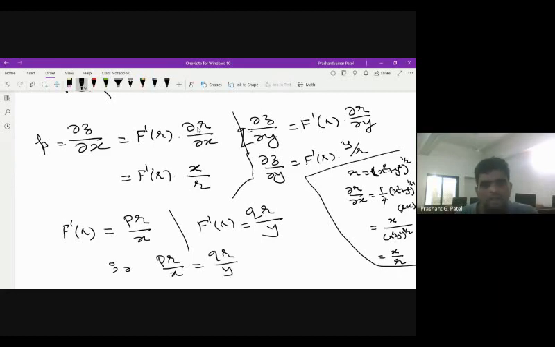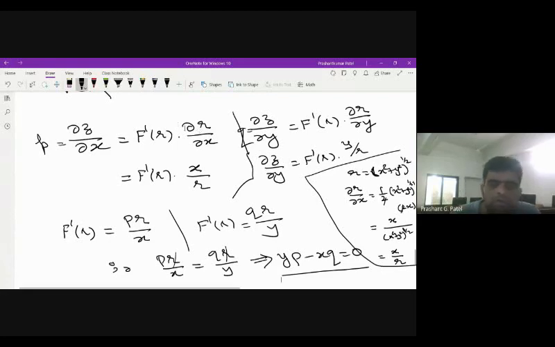And you can just see that this r will get cancelled out, and this implies that yp minus xq equal to 0 is the required differential equation which does not involve the function f.